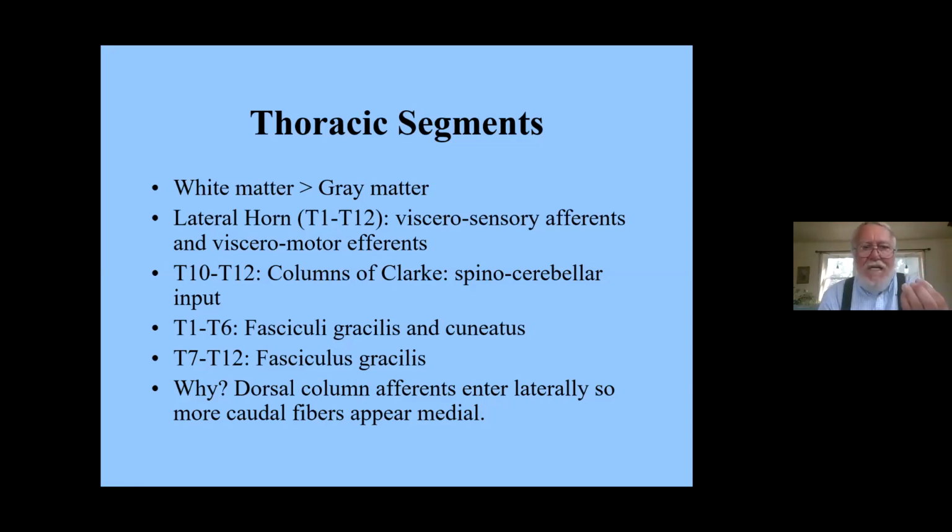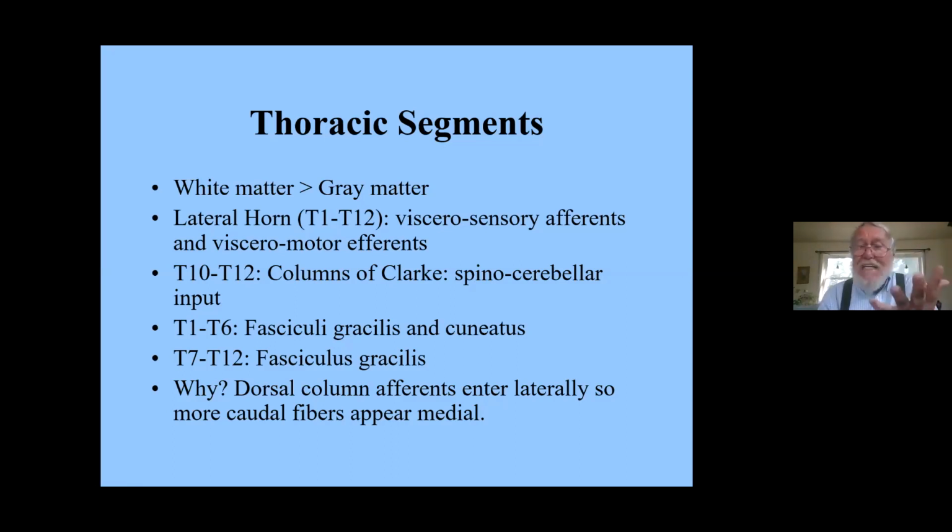Whereas in the thoracic cord, in addition to getting somatosensory inputs, we are also getting viscerosensory afferents and visceromotor efferents. And what does viscero mean? When you think about it, you're thinking about the type of innervation.